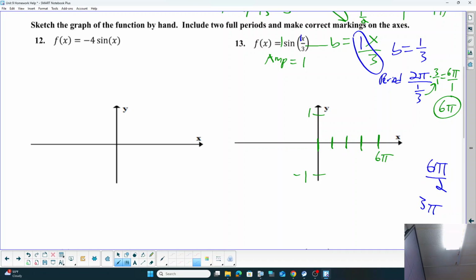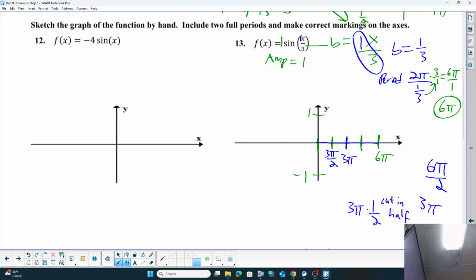So we're going to take this 1, 2, 3, 4, 5, cut it in half. So that's 3 pi. Do it again. What's 3 pi cut in half? 3 pi cut in half is just 3 pi over 2.